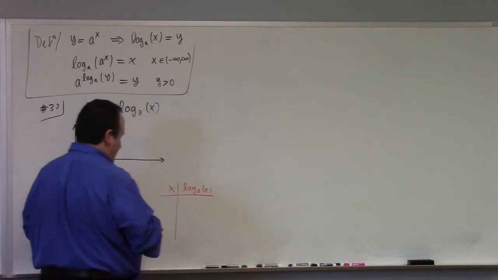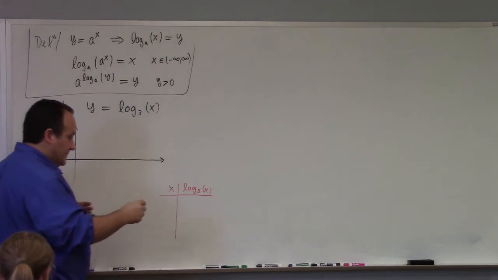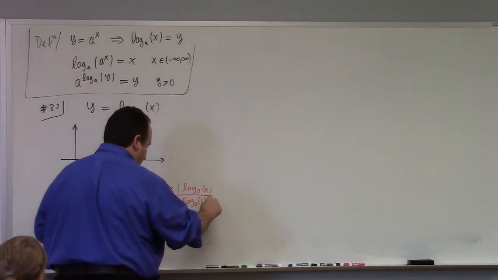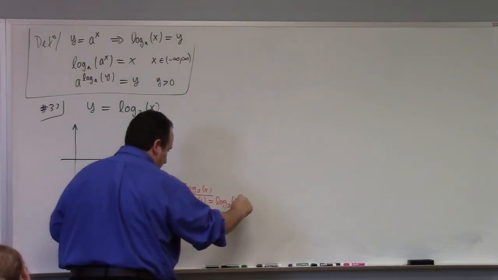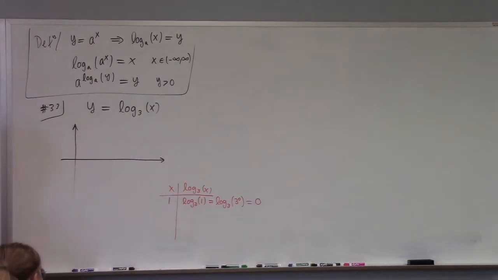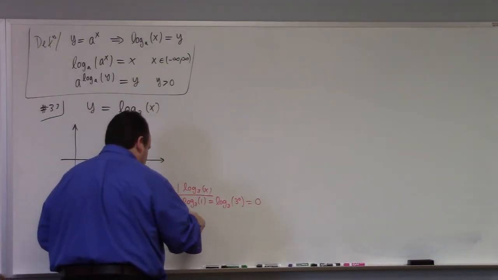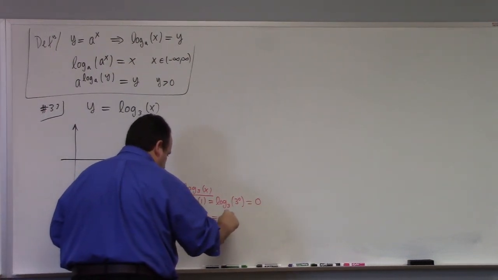If you plug in 1, you get log base 3 of 1, which is log base 3 of 3 to the 0, which is 0. So log of 1 in any base is 0. Another low-hanging fruit is 3: log base 3 of 3 is equal to 1.